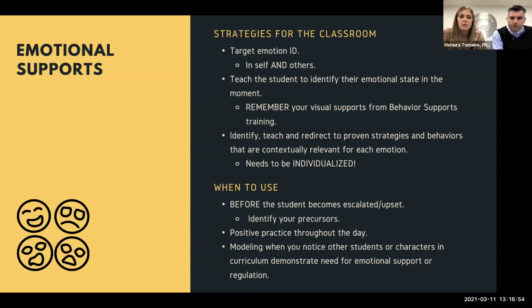Those types of learning opportunities are extremely important because, as we all know, our cognitive functioning really decreases as we get upset or in a heightened sense of arousal. And so to understand what our body is telling us when we're angry is really important.